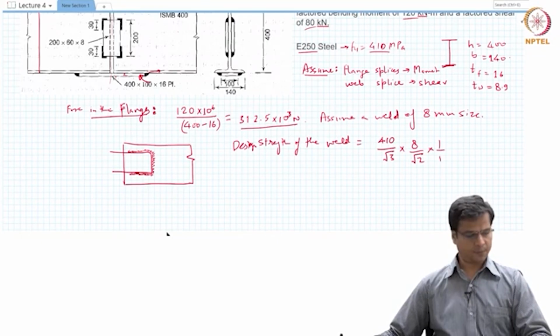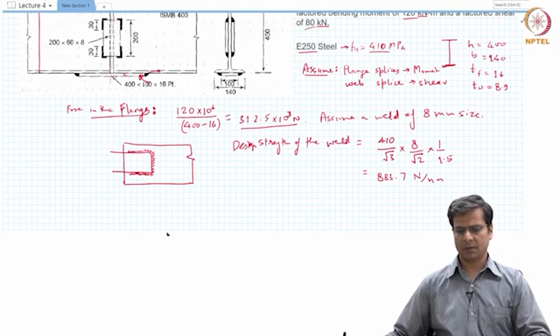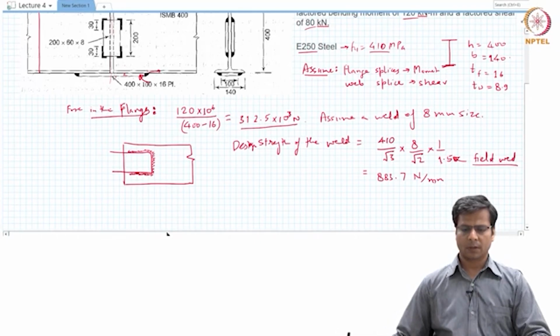Then since it is a field weld, we will divide by a factor of safety of 1.5, and that gives us the weld strength of 883.7 Newton per millimeter. 1.5 stands for the field weld. So this weld per unit length has this much strength.